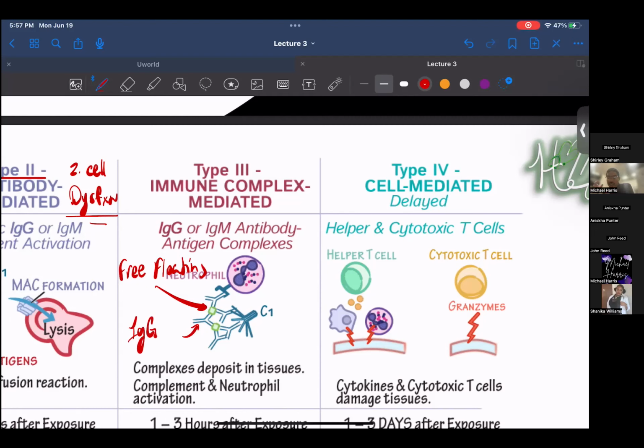Remember, IgG and C3b deal with forming immune complexes and opsonization. Okay? That's the big thing to make sure that you do not forget. IgM is big for activating complement. Okay? All right, good. Now, let's continue.